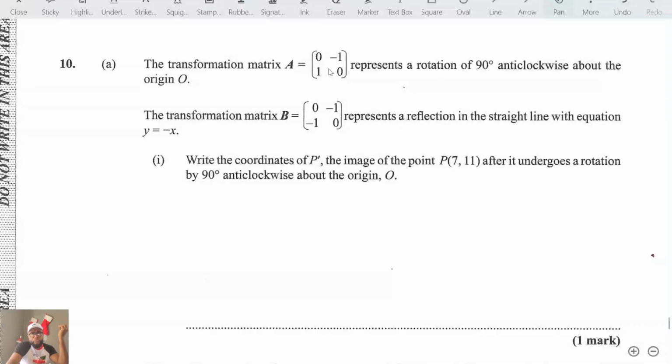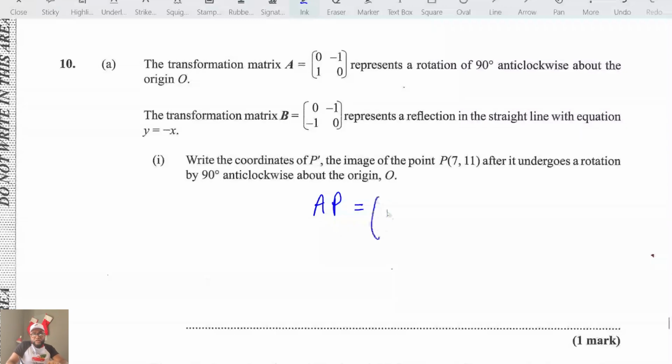So if I want to apply this transformation matrix to this point, I have to write the point in vector form, right? So you need to multiply A, which is the transformation matrix for the rotation anti-clockwise of 90 degrees, by P, but you're writing P in vector form.